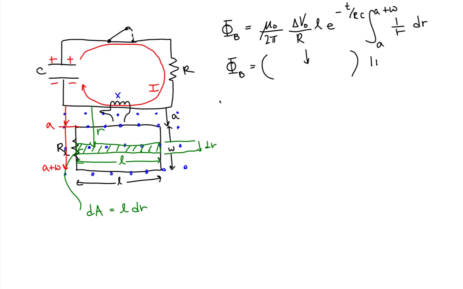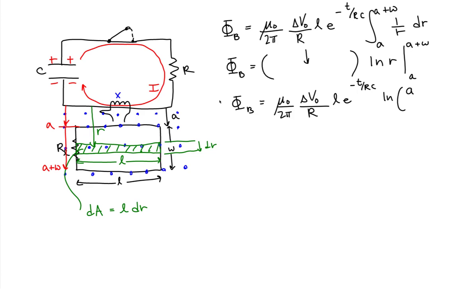The integral of 1 over r is just the natural log of r, and this is evaluated from a to a plus w. This means that our magnetic flux is equal to mu naught over 2 pi, potential difference over the resistance of the RC circuit, L e to the minus t over RC, natural log of a plus w over a.